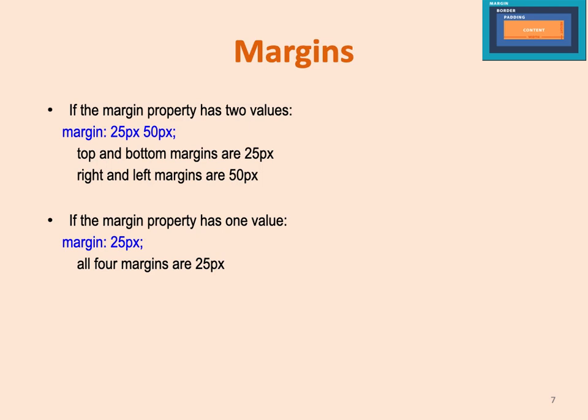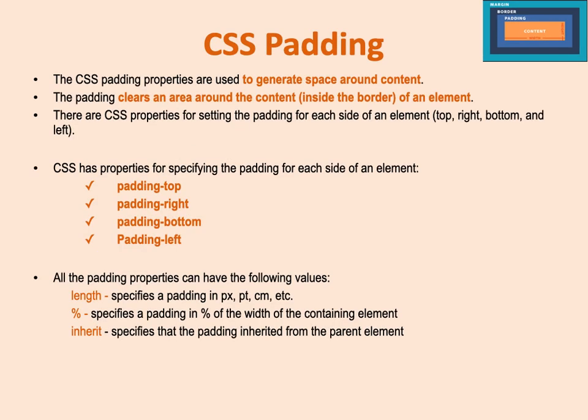Now CSS padding. Here CSS padding properties are used to generate space around the content. So padding means the space around the content. The padding clears an area around the content inside the border of an element. There are CSS properties for setting padding for each side of an element: top, right, bottom and left.